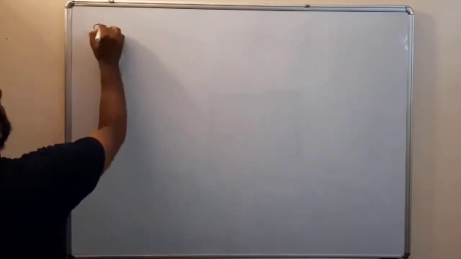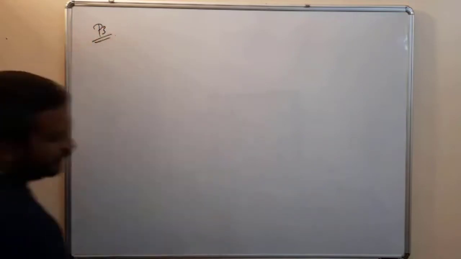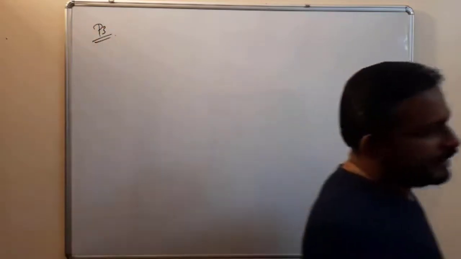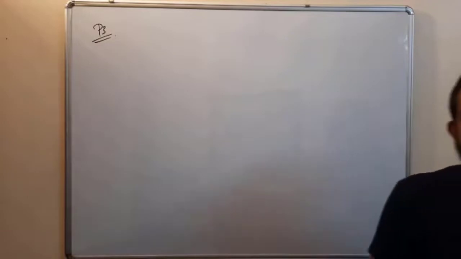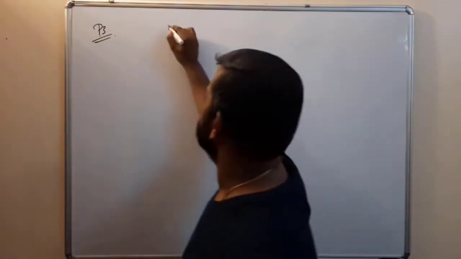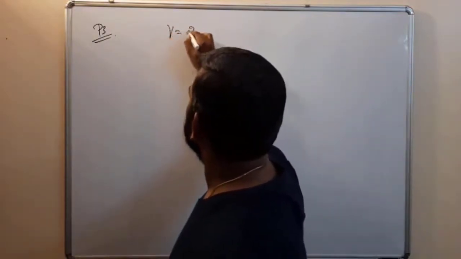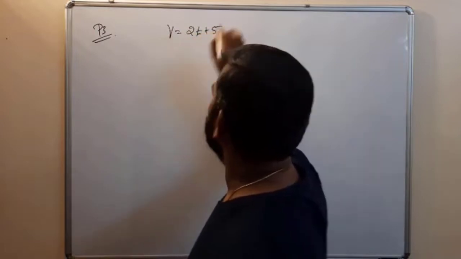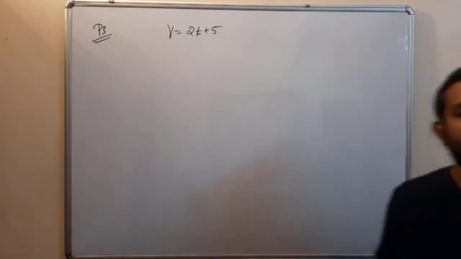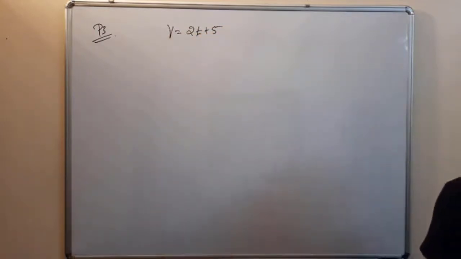Problem number 3. In a particle's motion, its instantaneous velocity is given by v is equal to 2t plus 5.